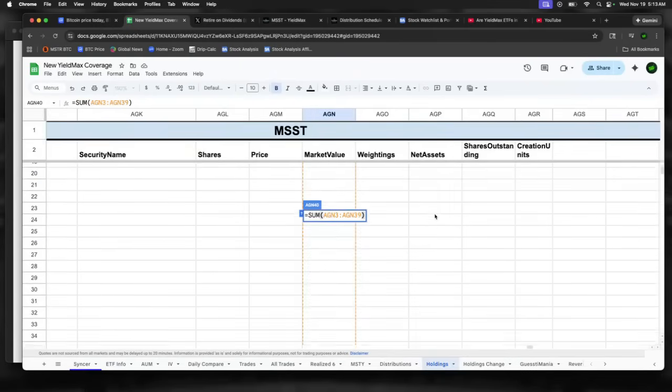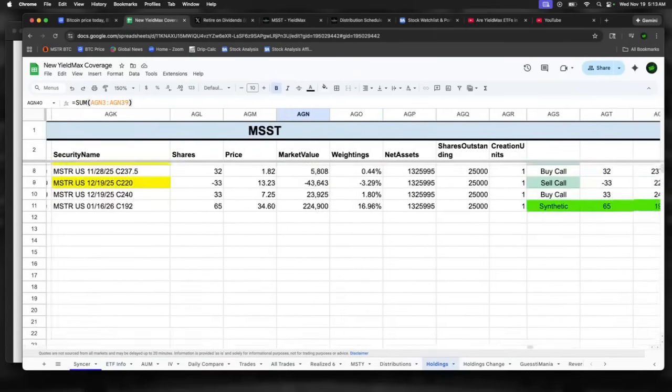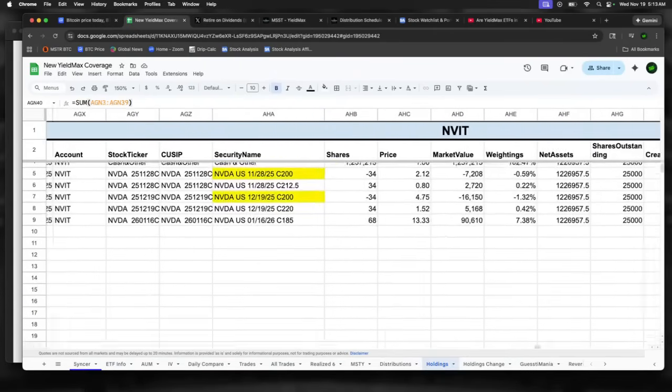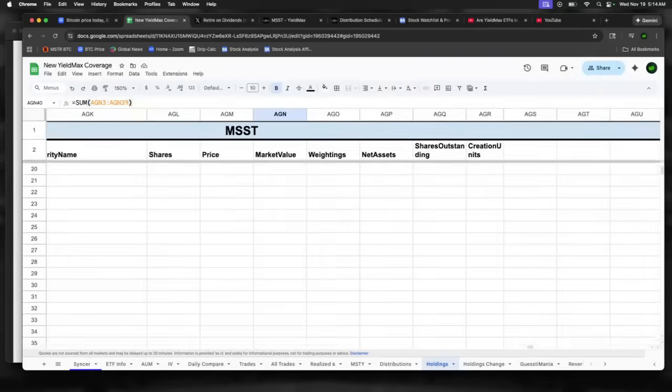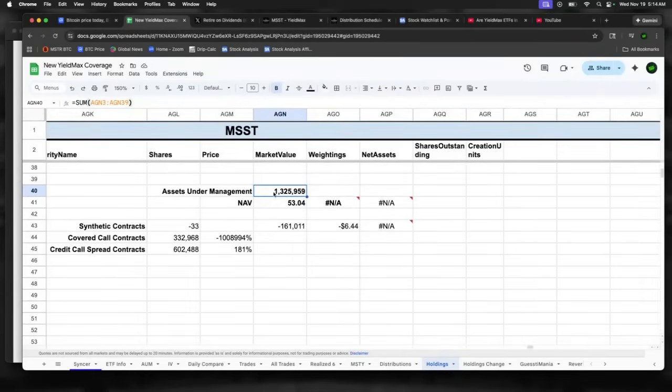Last but not least, MSST. Yeah, no, the assets under management was correct. Assets under management, again, is brand new. Once you see the increase in outstanding shares, obviously the assets under management will grow. And then the NAV will be what it is.